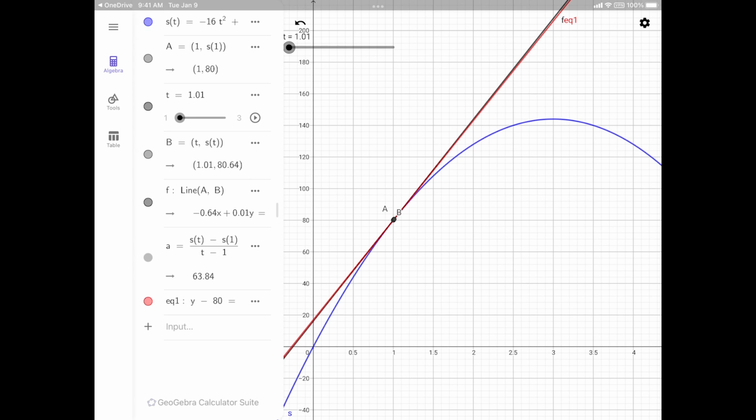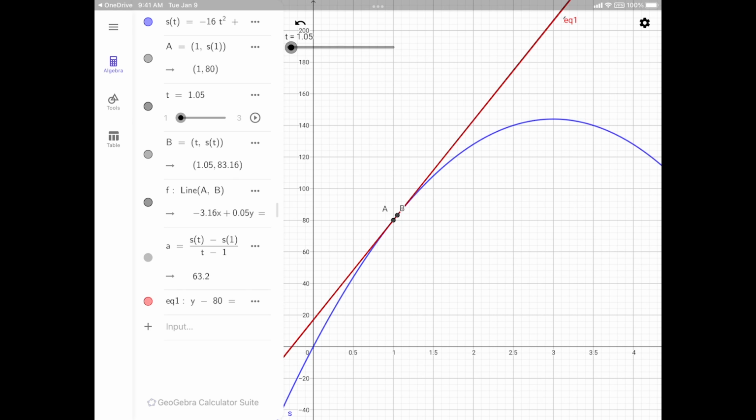I'll guess a is about 64. The closer t gets to 1, the closer a gets to 64. So that's to say, the limit of a as t approaches 1 equals 64. But right now that's just a guess.